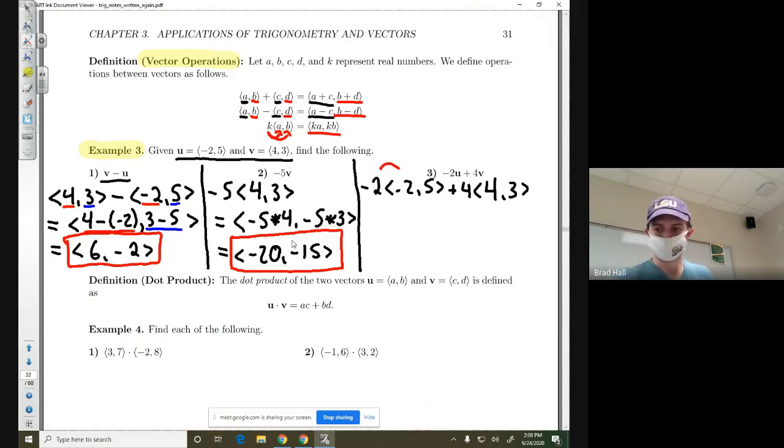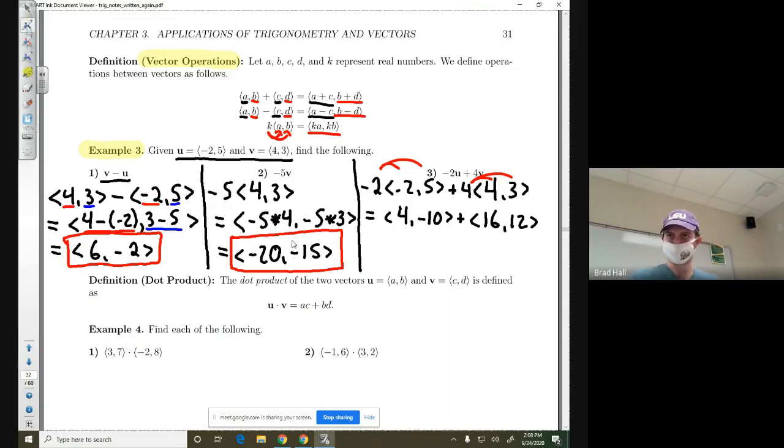We focus on multiplication. So -2 times -2 is positive 4, and then -10, plus 16 and 12.